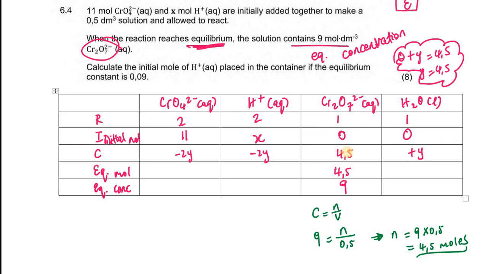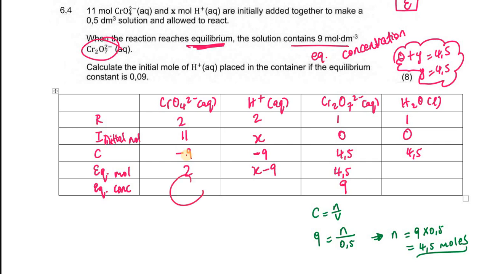That means even here we have 4.5, so we're gonna put 4.5, and then here we're gonna say minus 2 times 4.5, that gives you minus 9. Same thing here, minus 2 times 4.5, that gives you minus 9. Then good people can start filling in. 11 minus 9 gives you 2, and then x minus 9 gives you x minus 9.